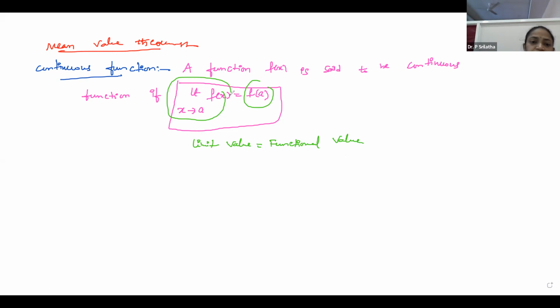So limit x tends to a of f of x equals f of a. Limit value is equal to functional value, then we can say that it is a continuous function.